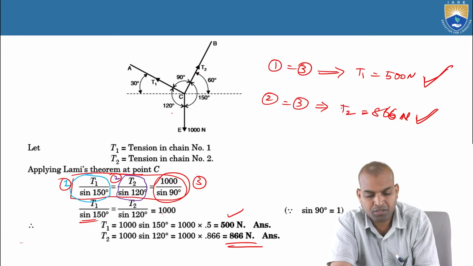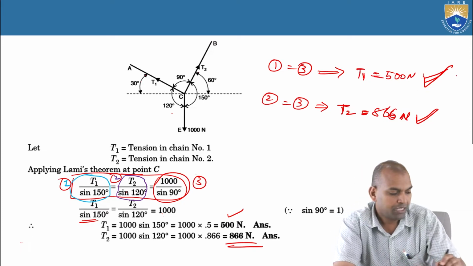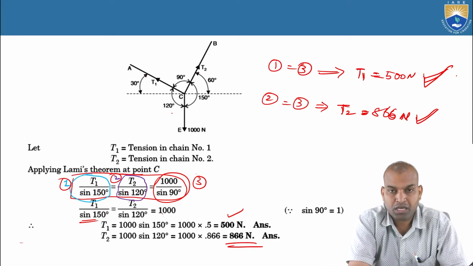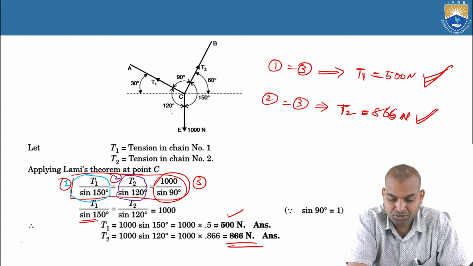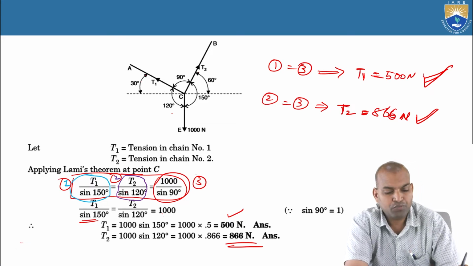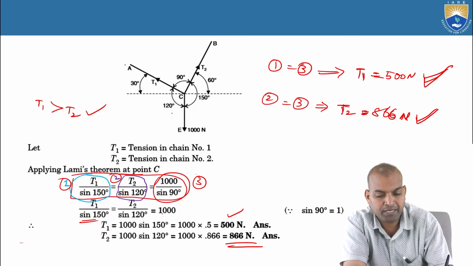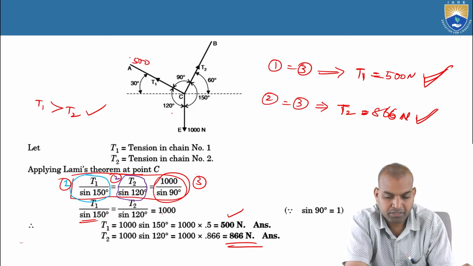Alright, T1 and T2. Thus, we have calculated the tensions: chain 1 is 500 newtons and chain 2 is 866 newtons. Why we got T1 value as 500 newtons?